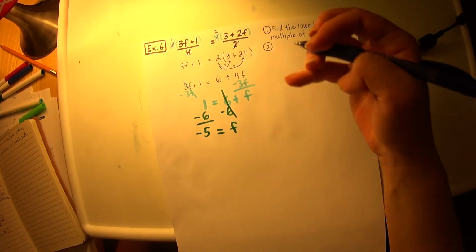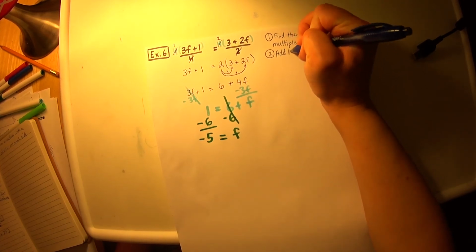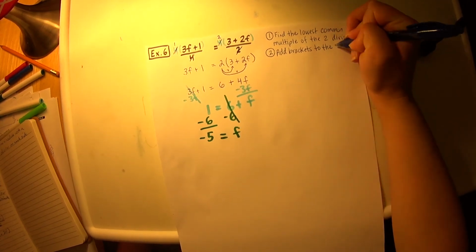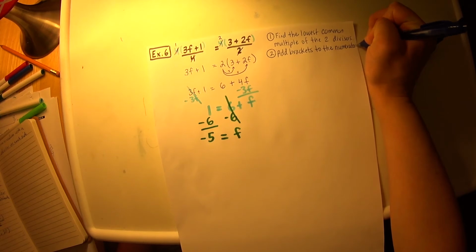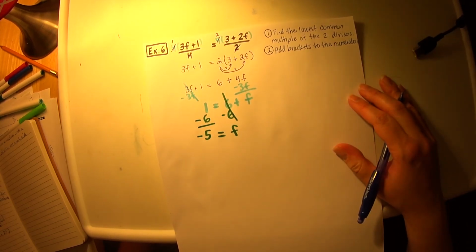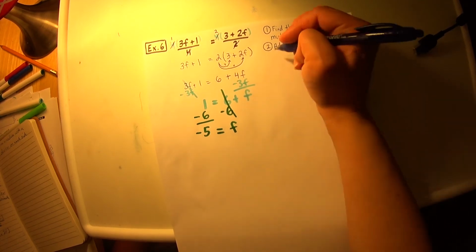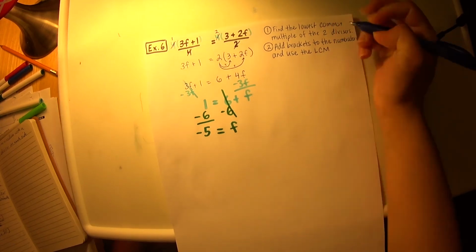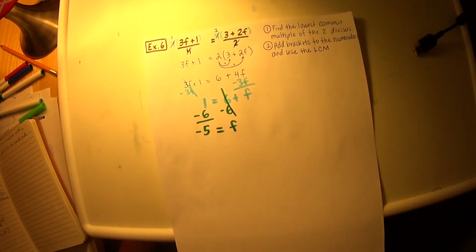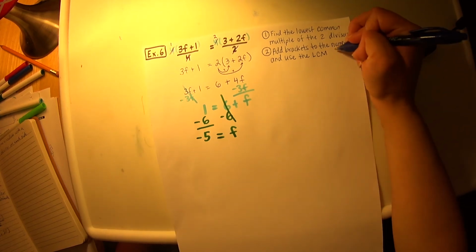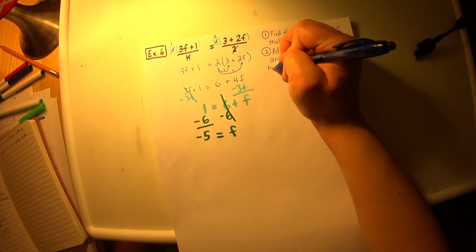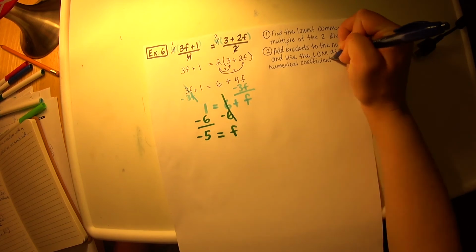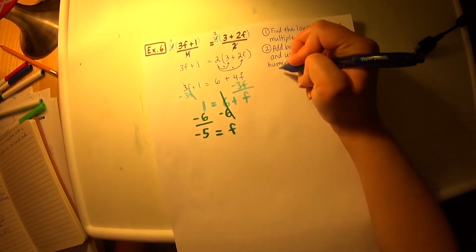Then step 2, add brackets to the numerators, and use the lowest common multiple that you just found in step 1 as a numerical coefficient outside your brackets.